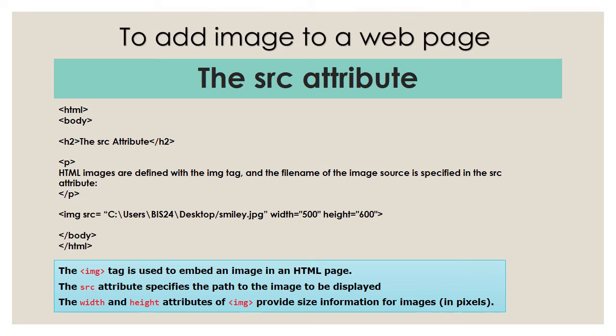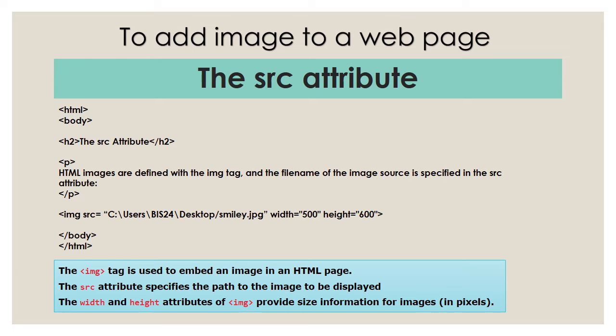To add an image to a web page, we use img tag, and to specify the path of the image, we use src attribute. Now, if we have to specify the width and height of the image on the page according to our needs, we use width and height attributes.